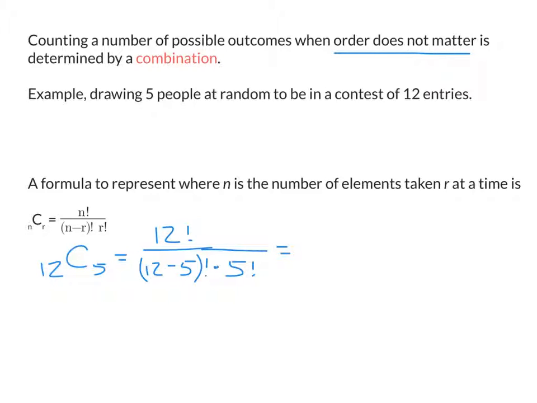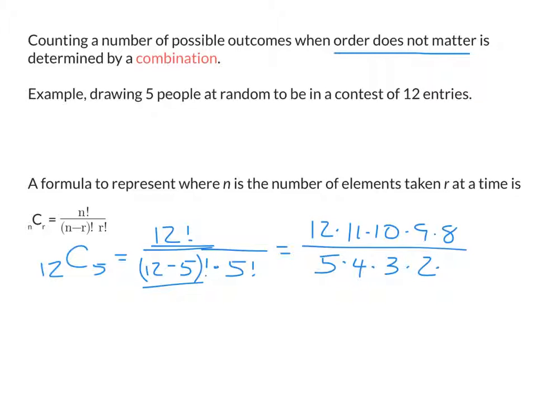We already did this piece, the 12 factorial over 12 minus 5 factorial. So we should end up with 12, 11, 10, 9, and 8 all multiplied together when we cancel out the 7 through the 1 on those. And then the bottom becomes 5, 4, 3, 2, and 1.